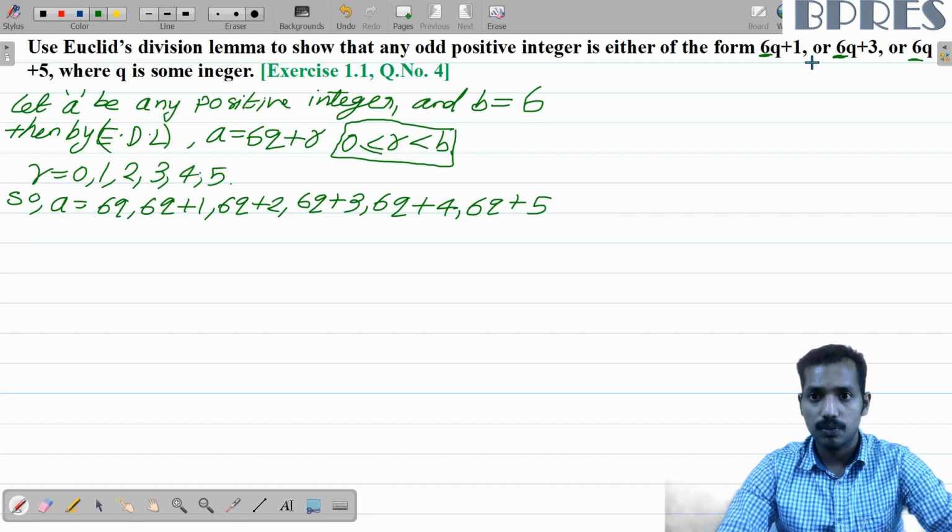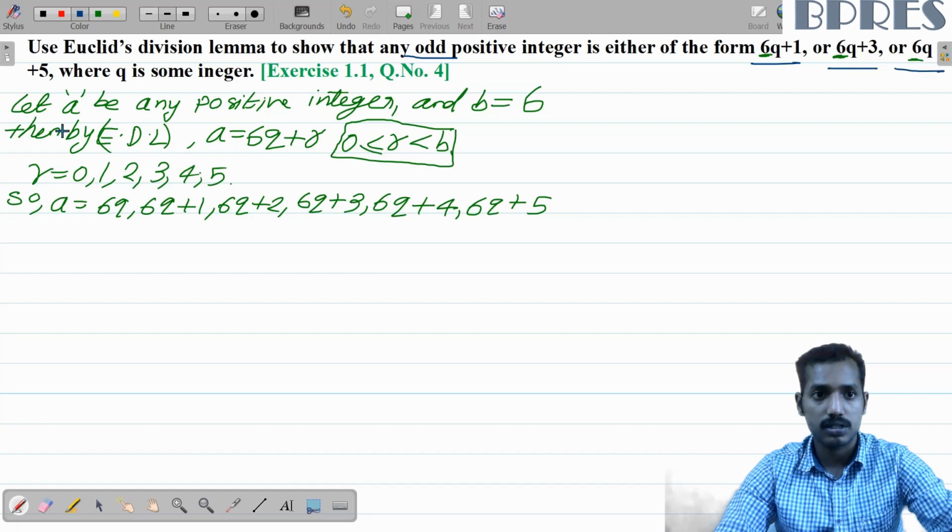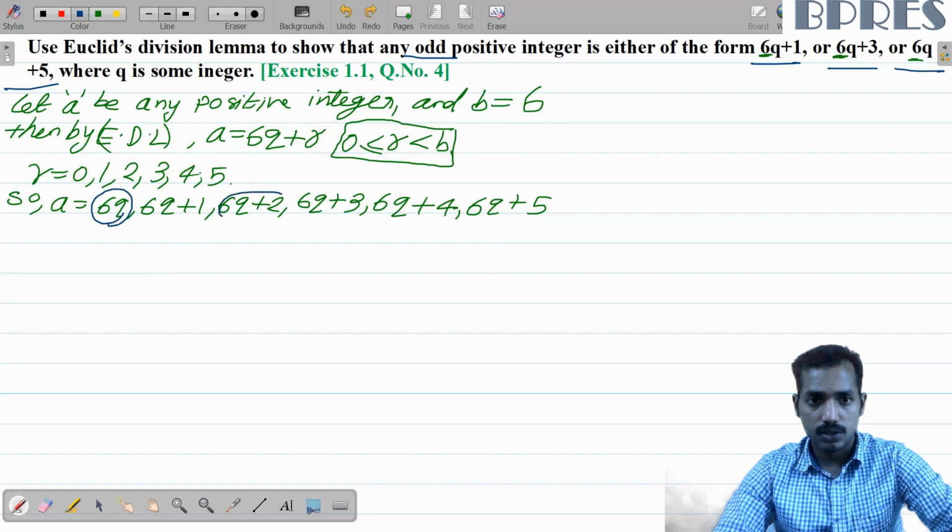Now we have to show that any odd positive integer is of the form 6q plus 1, 6q plus 3 or 6q plus 5. That means the integers 6q, 6q plus 2 and 6q plus 4 are to be excluded.